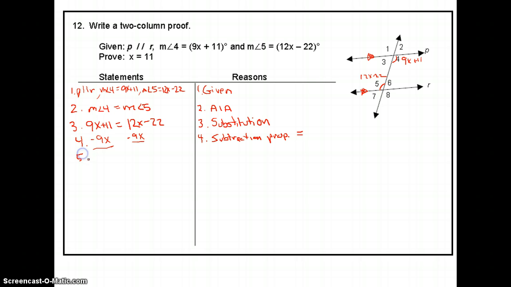Now that we've subtracted that, we're going to substitute the answer. So those are gone. So I've got 11 equals 3x minus 22. And again, I just substituted the answer.